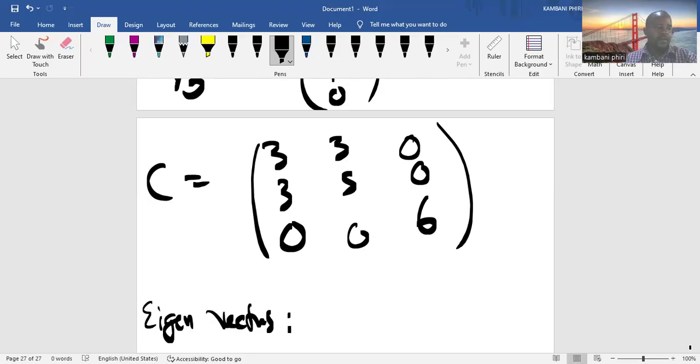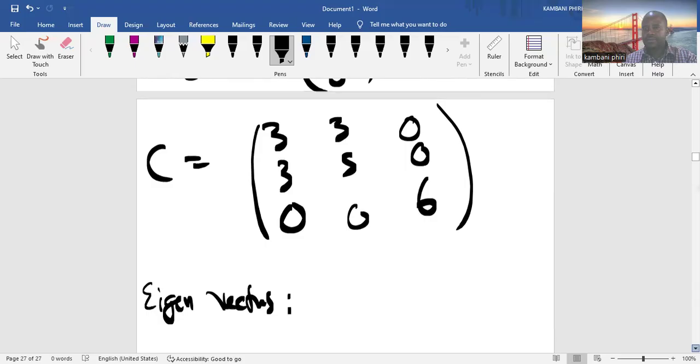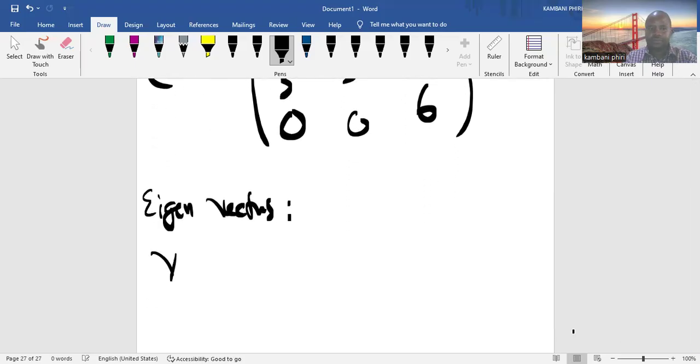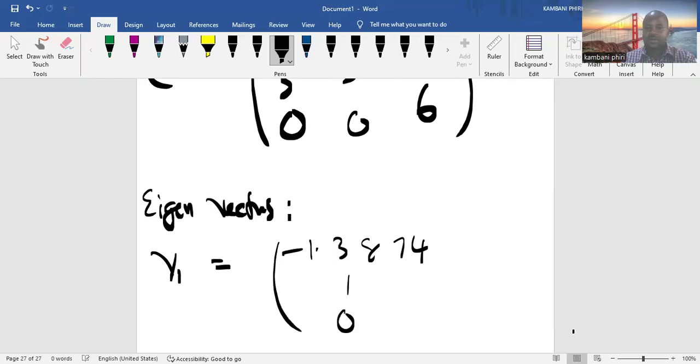I think V1 may come out to be negative 1.3, 8, 7, 4, 1, 0.